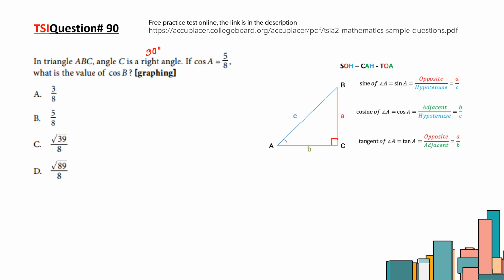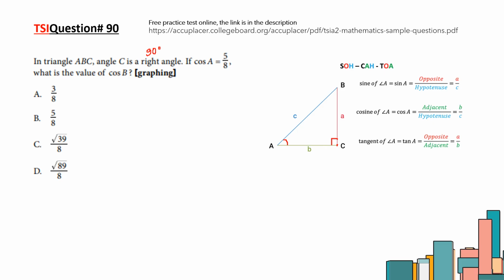The side not attached to that angle C right here will be the hypotenuse. So we see angle A, for example. Angle A, we draw with a capital letter.